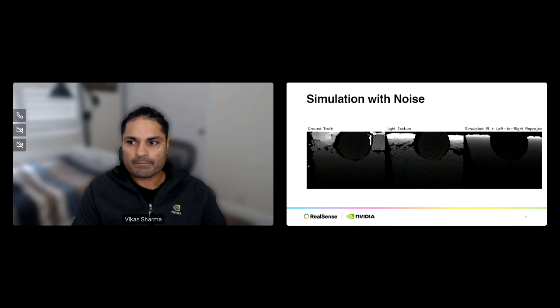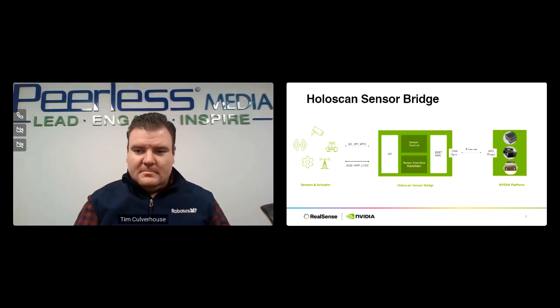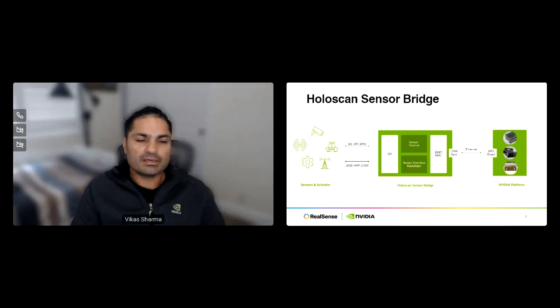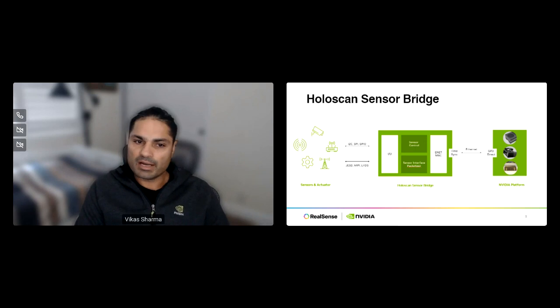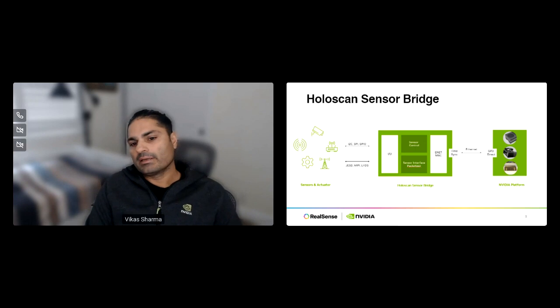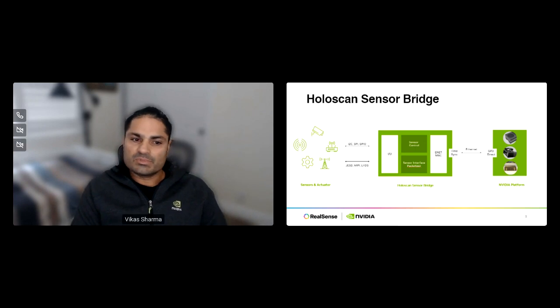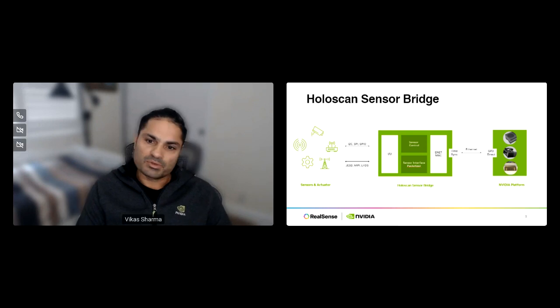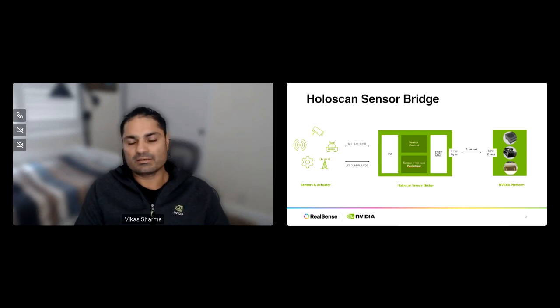Absolutely, please do. Okay. So Holoscan Sensor Bridge is an Ethernet-based, high bandwidth, low latency interface. It can bring a diverse set of sensor data directly to GPU memory for further processing or for AI consumption.